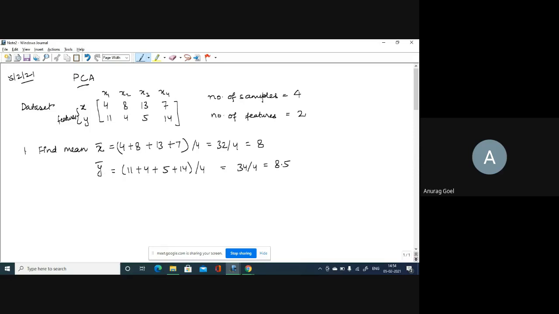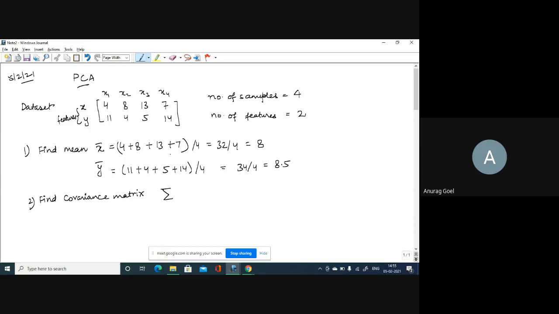Now, second step is to find the covariance matrix. We have already seen what the covariance matrix is. We represent this covariance matrix by sigma.